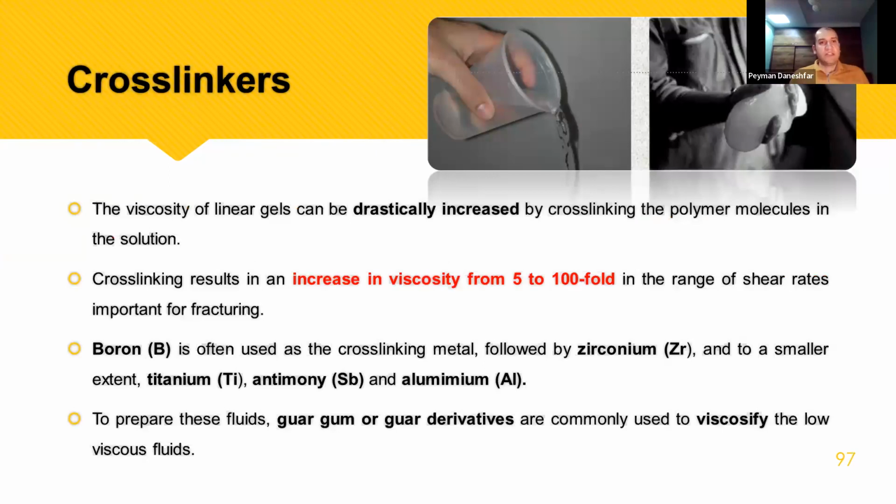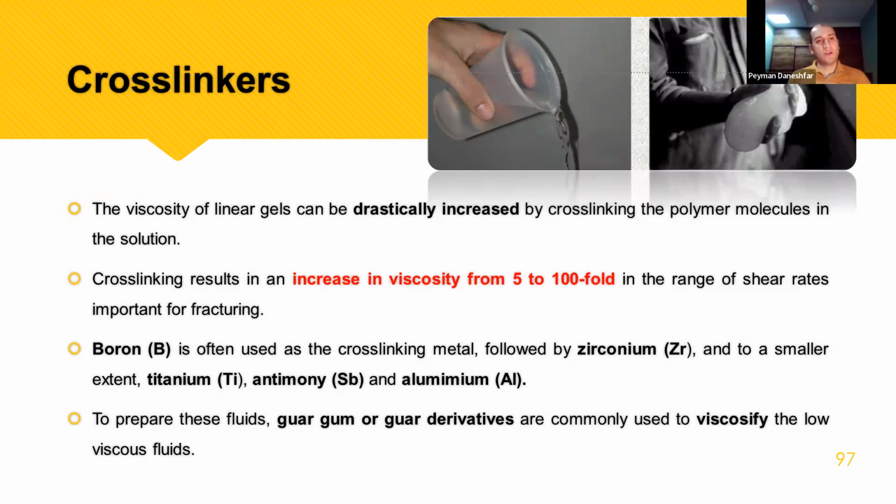Another one is crosslinkers. The viscosity of linear gels can be drastically increased by crosslinking polymer molecules in the solution, because crosslinking, as the name shows, links across. It means that the polymer chains come together and form a viscosified gel, increasing viscosity about 5 to 100 fold in the range of shear rates.